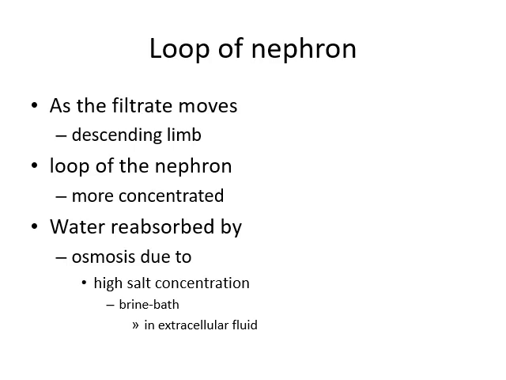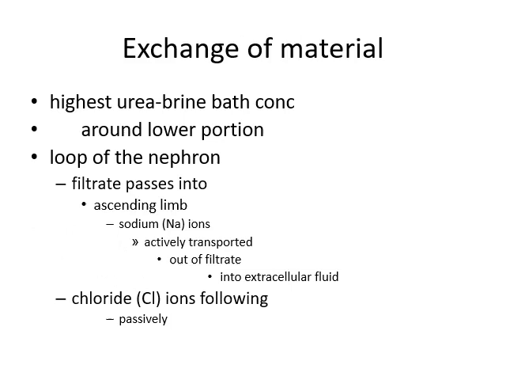The extracellular fluid has more salts, so more water is reabsorbed into the extracellular fluid from the Bowman filtrate. Then exchange of material: the highest urea and brine concentration is around the lower portion of the loop, and due to this high salt concentration water will move out. As you see, the principle is that where more salt is present, water will move to that salt area.